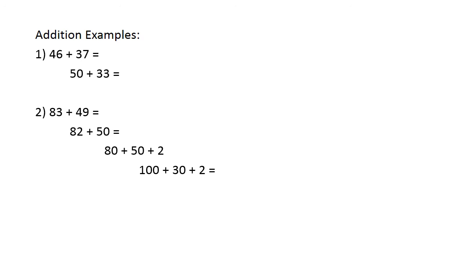So we can take 20 away from the 50 and add it to the 80 first. Now we have 100. We subtract the 20 from the 50, and we have 100 plus 30 plus 2, which equals 132. In fact, most students will be able to catch on at 82 plus 50.